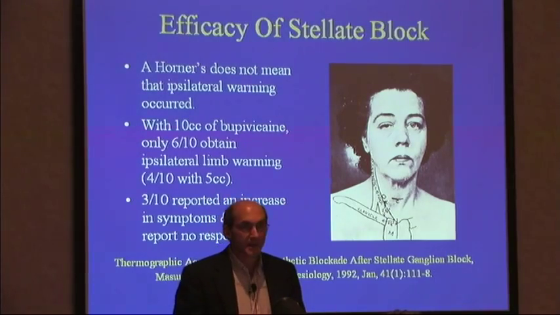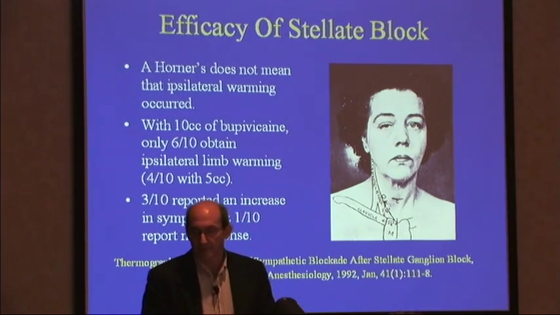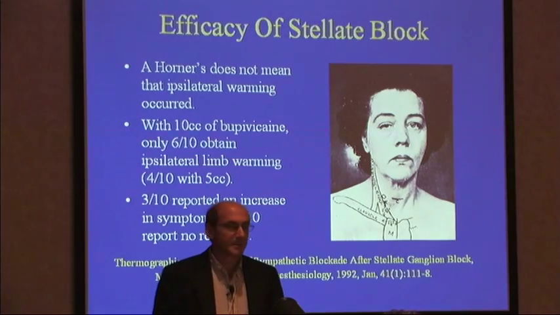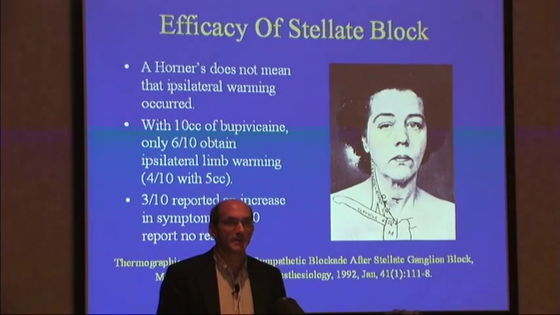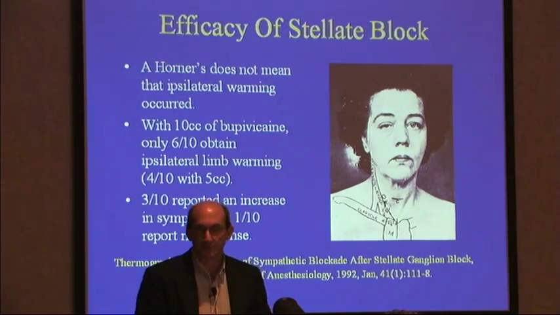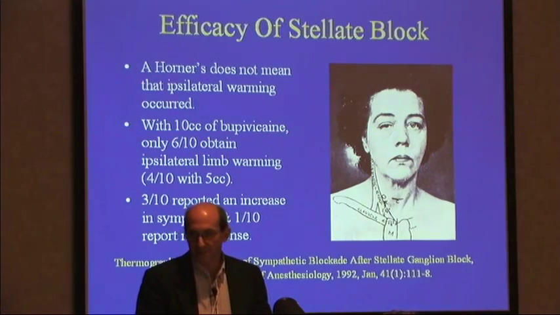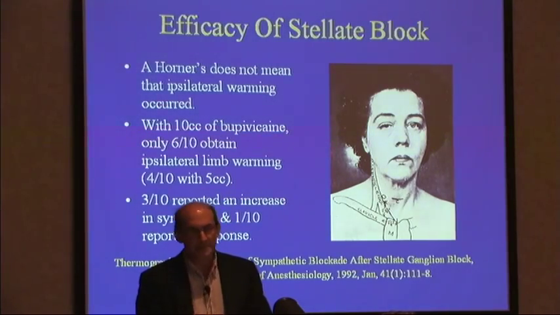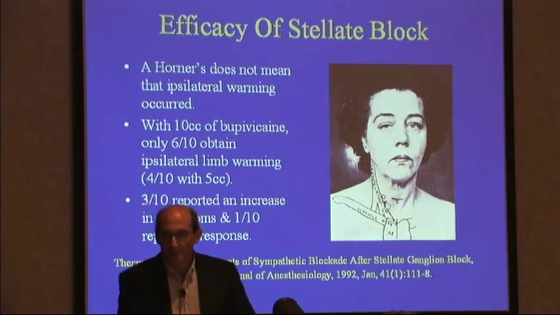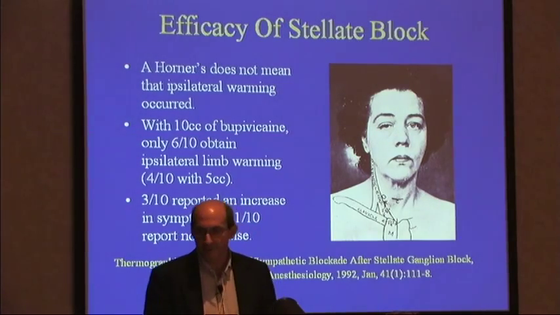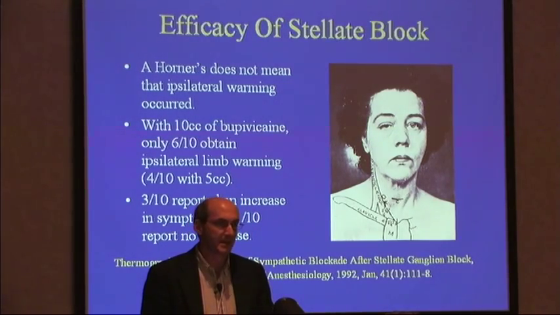At least in my community, and I believe in most places around the world, let alone in the United States, most doctors still think that they can make the diagnosis of RSD by simply performing a sympathetic block. And we use the option of a stellate block because in a stellate block you can say that I saw a Horner's. But in fact, it's been published numerous times. This particular reference comes from Matsumoto in 1992, that the presence or absence of a Horner's does not mean that you obtained ipsilateral warming.